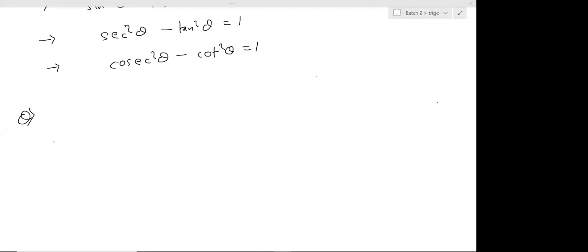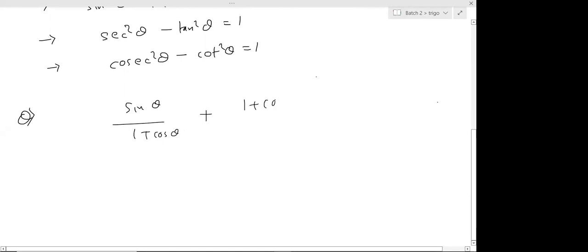Try to simplify this: sin theta upon 1 plus cos theta plus 1 plus cos theta upon sin theta.